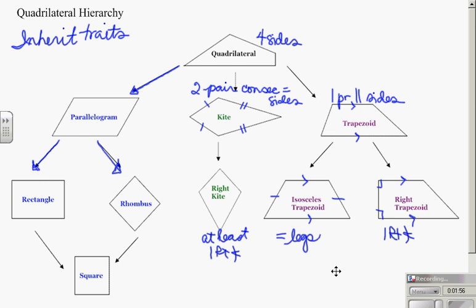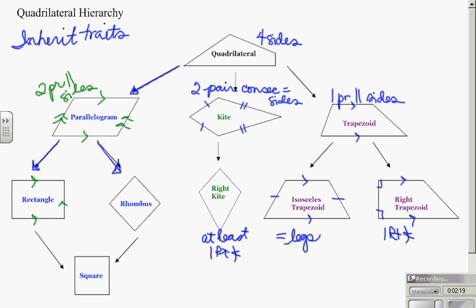Now a parallelogram is going to have 2 pair parallel sides. So if we think about marking those, every figure that is connected below a parallelogram also has 2 pair parallel sides.